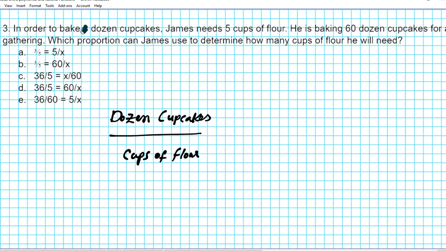Alright, so the first ratio, we have 3 dozen cupcakes to 5 cups of flour, so 3 over 5 equals, so the question is 60 dozen cupcakes goes with how many cups of flour? So let's call the number of cups of flour that we're looking for x. So 3 over 5 equals 60 over x. Answer is option letter B.